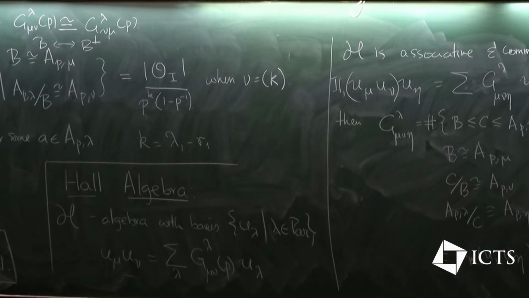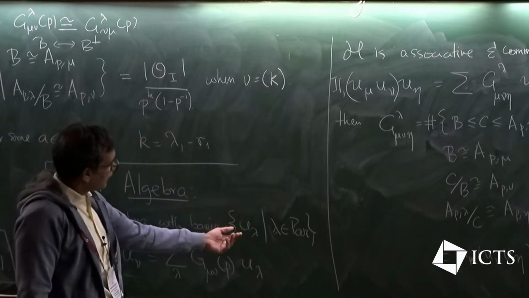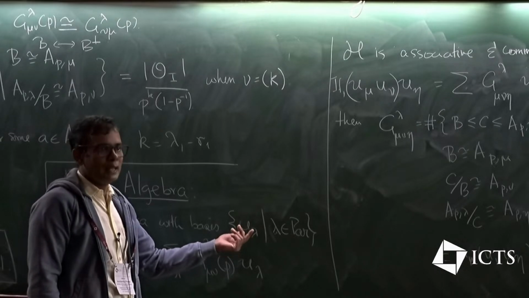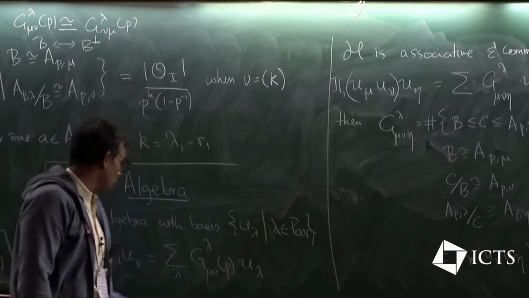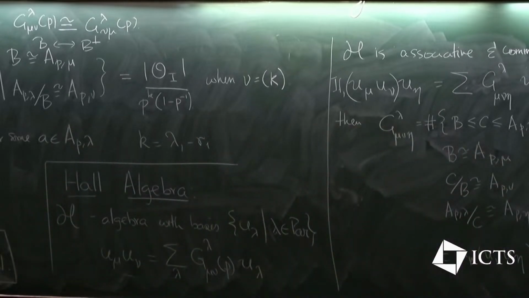So what I claim is, in this Hall algebra we have some very special elements corresponding to cyclic groups. You should think of this element u lambda as corresponding to an abelian group of type P, AP lambda, though it's just an abstract symbol. And then among these groups, we have the cyclic groups, which are the simplest ones to understand. So we have U_k, the partition with only one part k.